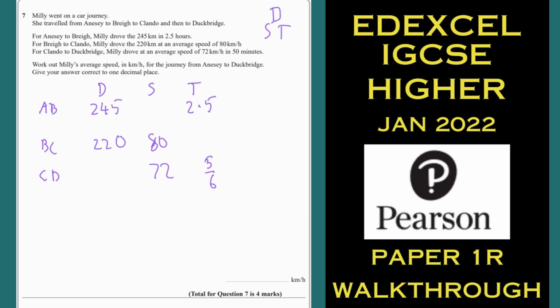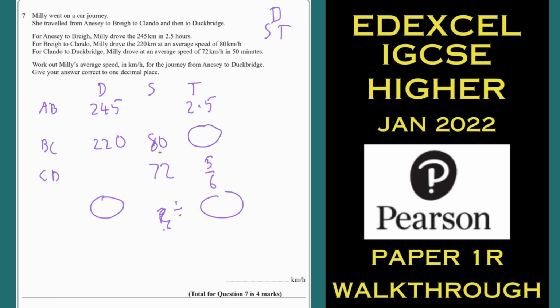Now, if you're going to work out average speed for the entire journey, you can't just add that column up. Nonsense. Average speed is total distance up there divided by total time. So the gaps you need to fill in, you could have filled that gap in, but you've wasted your time.